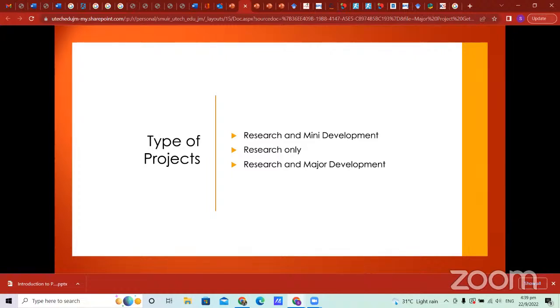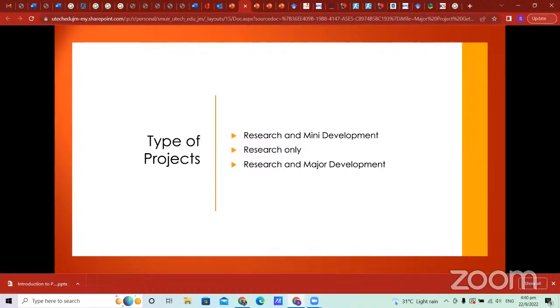Hello. Go ahead. Hi. All right, so I'm driving, but I'm trying. With a major development, you're going to do your analysis. It's like all that you learn in software engineering 1 and software engineering 2, to include all documentation, and a project that is a system that can be implemented and used when it is finished.